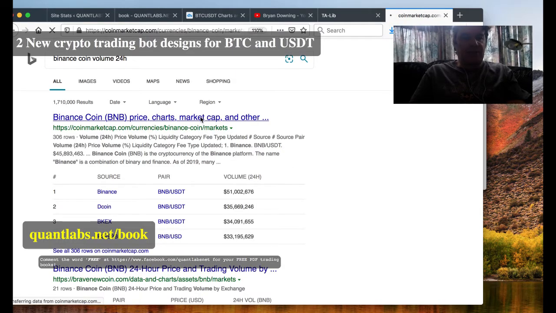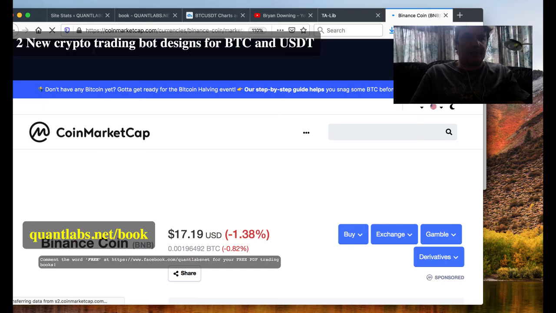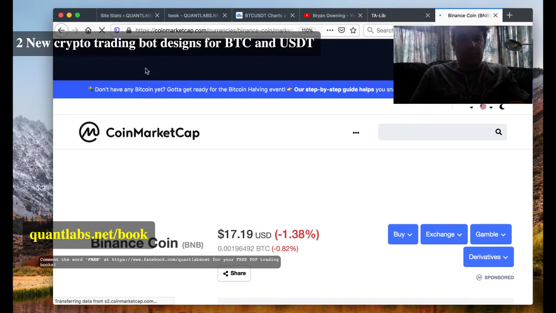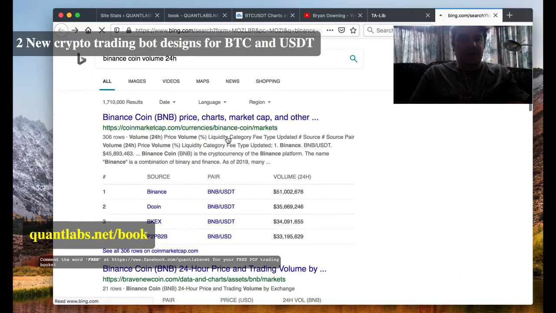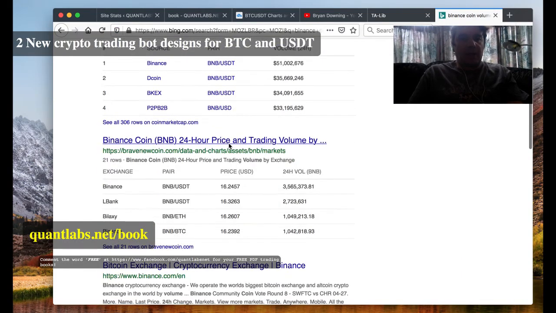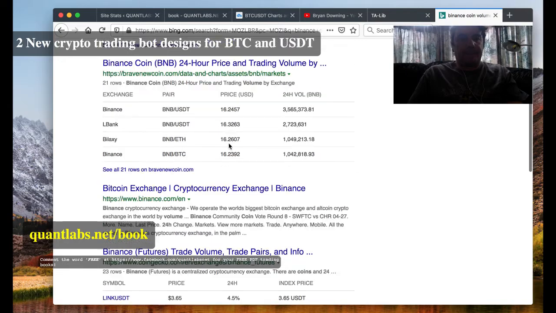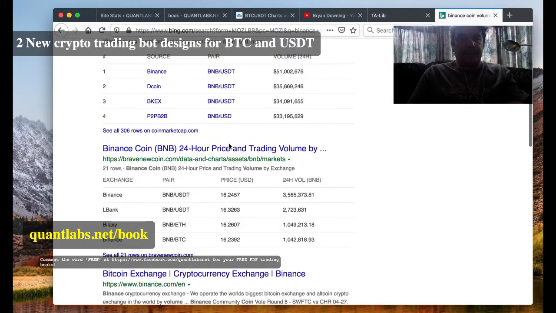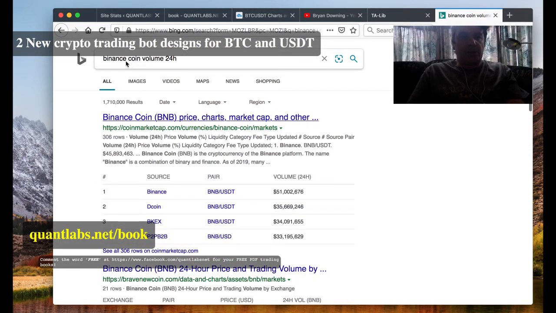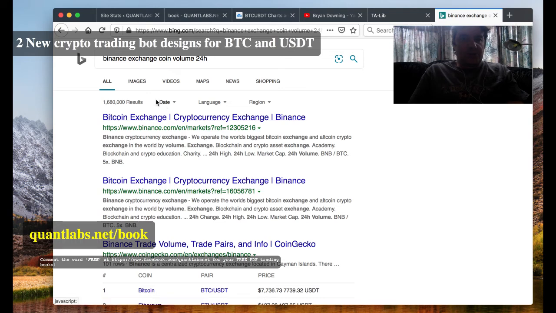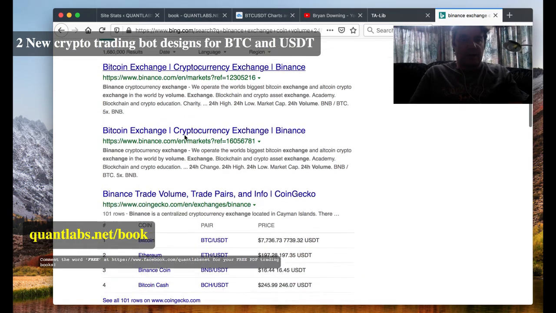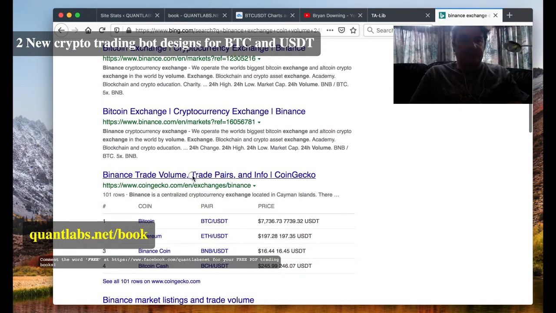You'll see on CoinMarketCap, which is the reliable one. Actually, no, this is critical to see. Let's make sure we get the difference between Binance and Binance Coin. There you go. Binance trade volume.